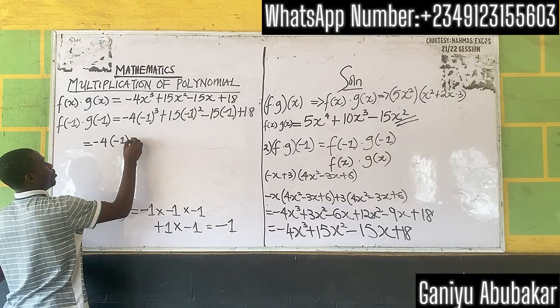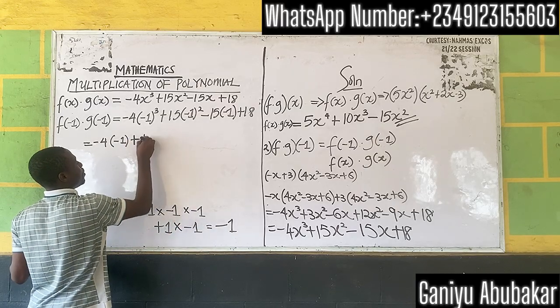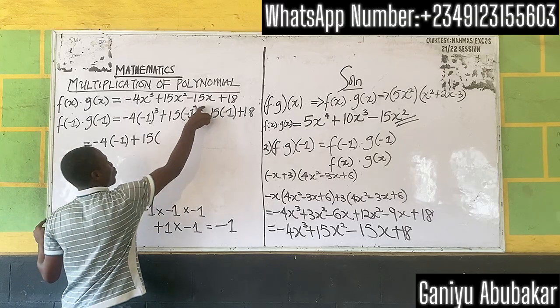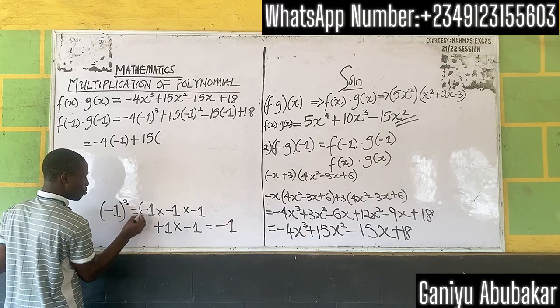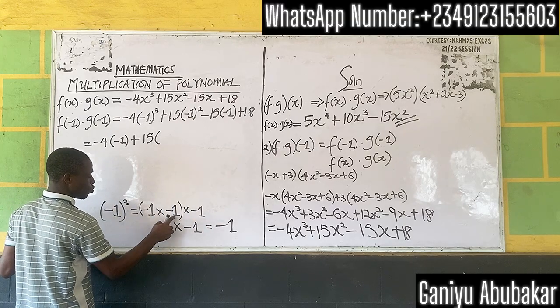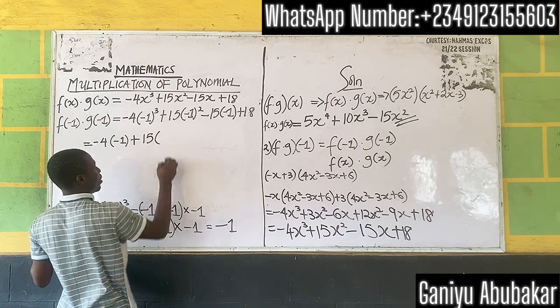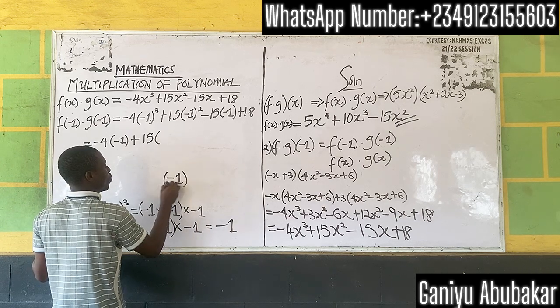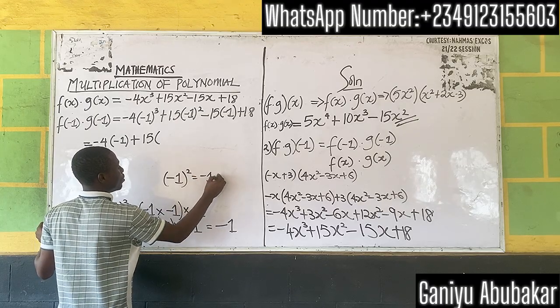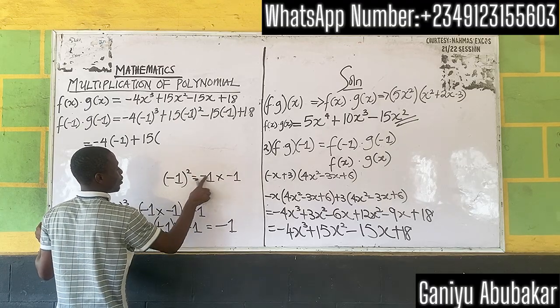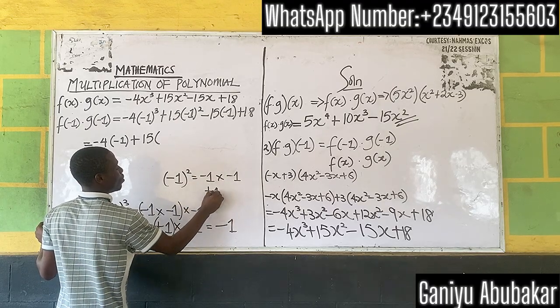Minus 4 times minus 1 gives you plus 4. Plus 15 times minus 1 squared. If I have minus 1 all square, it means minus 1 times minus 1. Minus times minus gives you plus. 1 times 1 gives you 1. That's plus 1.